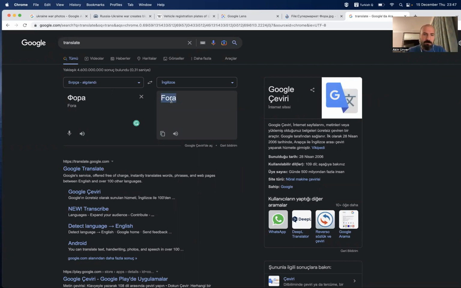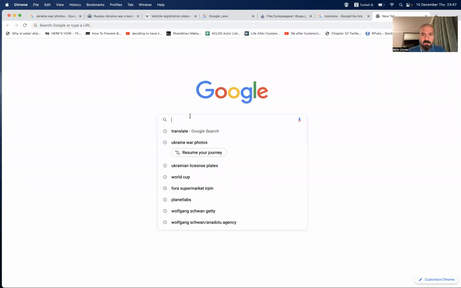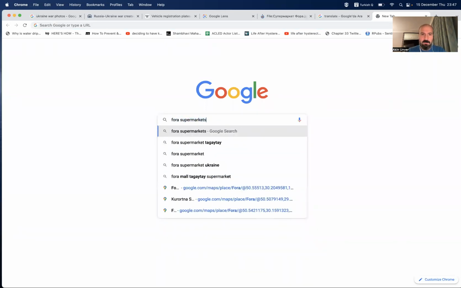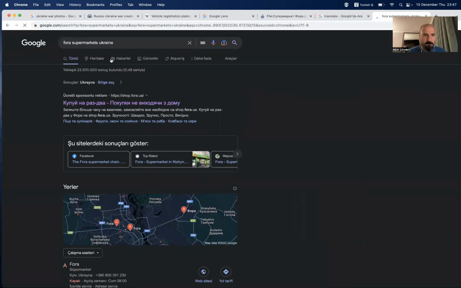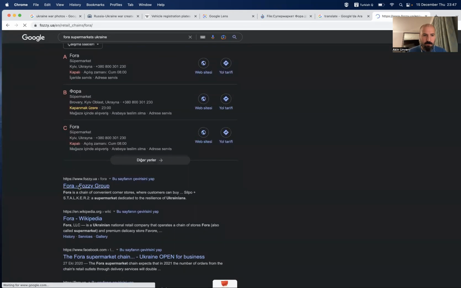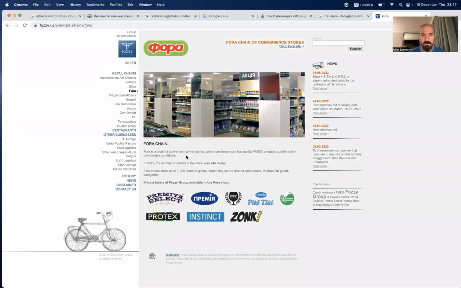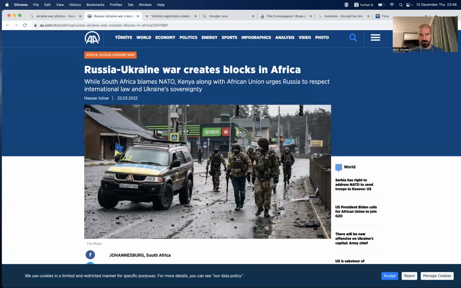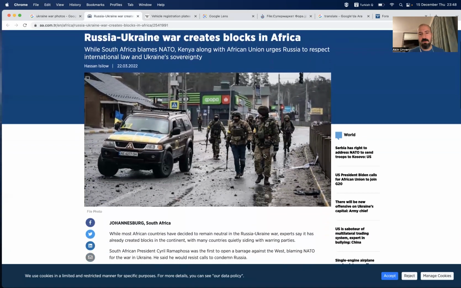One way of verifying it is searching Fora Supermarkets Ukraine. And yes, Fora is a chain of convenient corner stores where customers can buy whatever. So the first thing I know is that what's in the background here are Fora supermarkets.